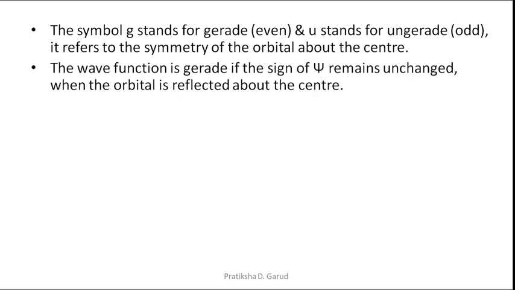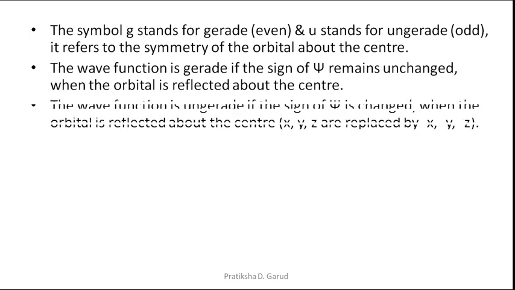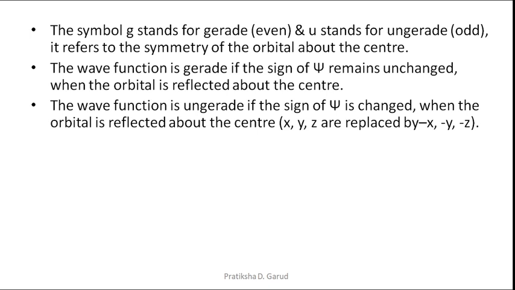The wave function is gerade if the sign of psi remains unchanged when the orbital is reflected about the center. So if you consider any 1s orbital, when it is reflected about its center and we get the same sign, then it is called gerade. While the wave function is ungerade if the sign of psi changes when the orbital is reflected about the center.